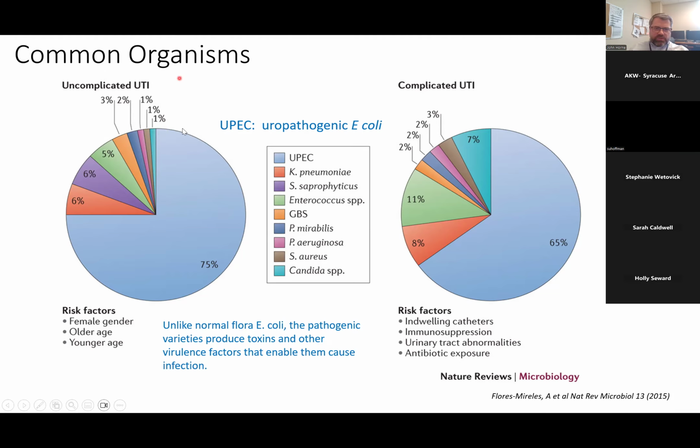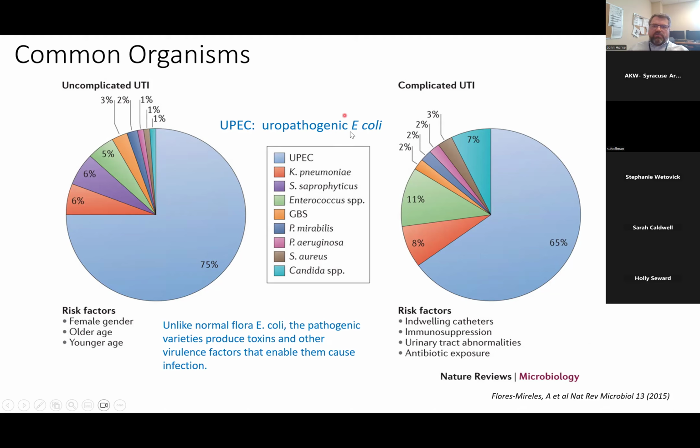Common organisms. The most common you see here, uncomplicated or complicated, by far is uropathogenic E. coli. So what does that mean? That means it's E. coli, but E. coli is common in our guts and just kind of all over.